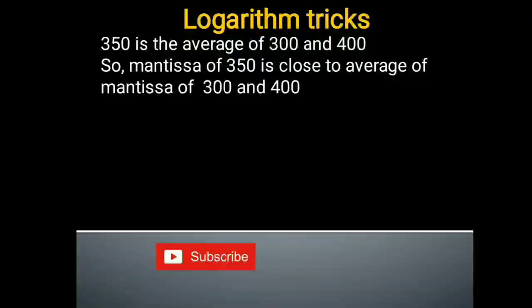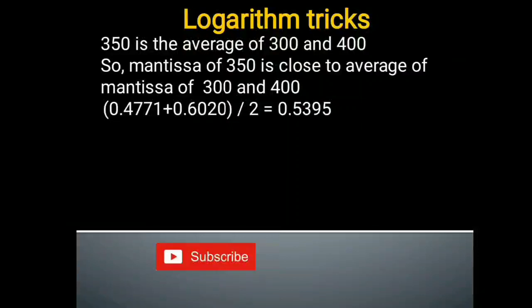So to get the mantissa of 350, you take the mantissa of 300 and 400 and find out its average. 0.4771 is the mantissa of 300, 0.6020 is the mantissa of 400, divided by 2, 0.5395. If you see the log table, the mantissa value of 350 will be just more than this 0.5395, almost 0.5404 something you will get. A small variation you have.